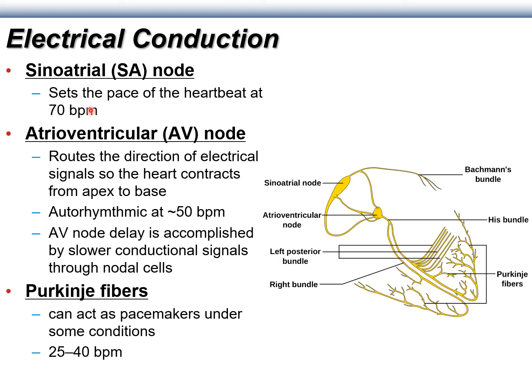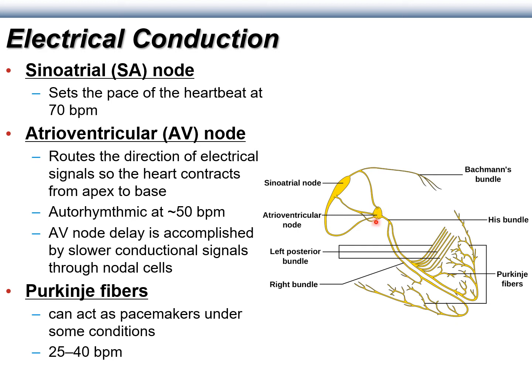So if for some reason this SA node starts firing off too slowly, then this AV node will pick up at around 50, and there's a risk of arrhythmias if you start to get signals from here and here. That could lead to some issues.